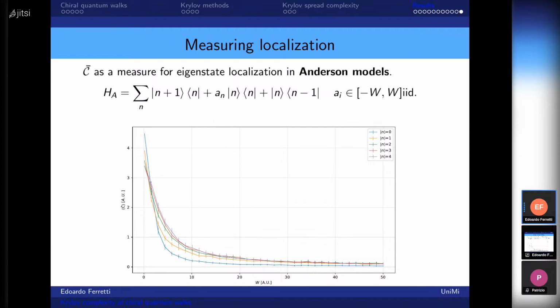Technically, the Anderson model is an infinite chain, but of course I cannot put an infinite chain in Python. And we have an initial state which is on the edge. I'm just testing if this behavior changes if the initial state is in the center of the chain or at its edge.